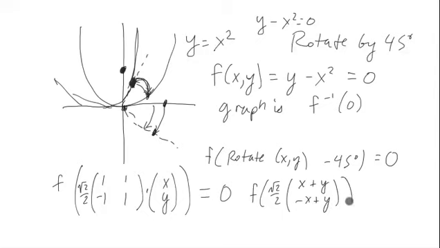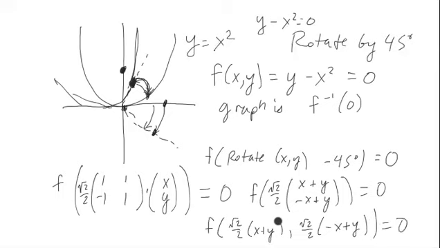That's what we're plugging into the function. I wrote this as a column, but it looks something like this: f of (root 2 over 2 times (x plus y), root 2 over 2 times (negative x plus y)) equaling 0. So we plug these into our original function set equal to 0, and that should give us the equation of the rotated parabola.